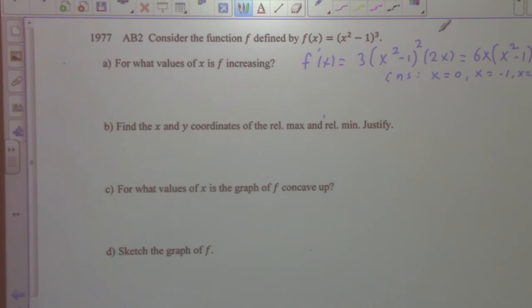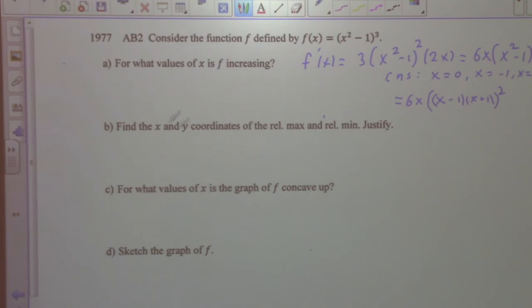Yeah, so we can rewrite this x squared minus 1 as a difference of squares. It's not readily apparent, so I'm glad Aaron caught it. It's like x minus 1 times x plus 1, and then you square all that. But there's your critical numbers.